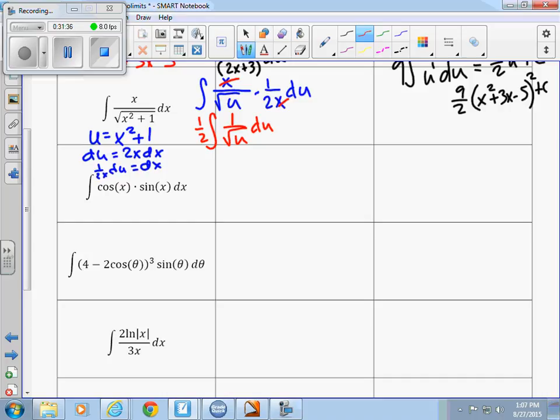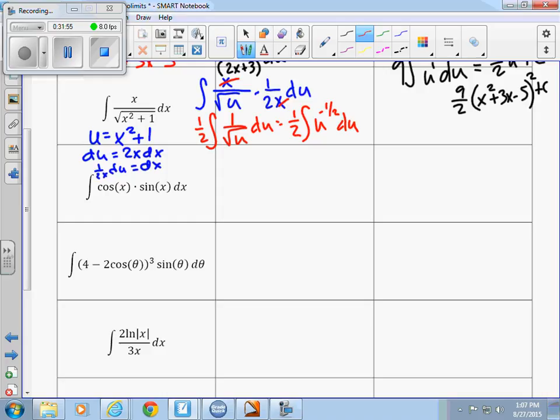So what am I going to do to make that integral doable? Good. Make that u to the negative 1/2 power. Change that to 1/2 integral u to the negative 1/2 du. Then I can add 1 to the power and all that fun stuff.